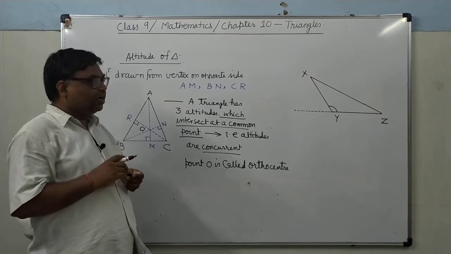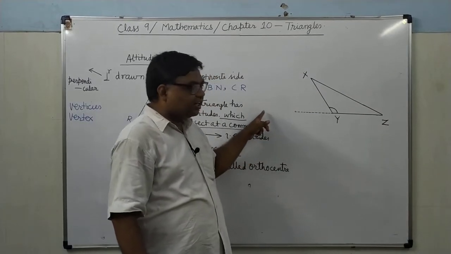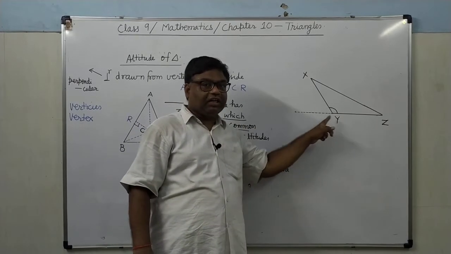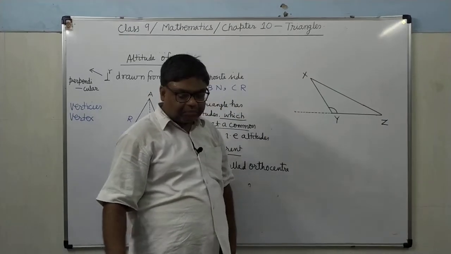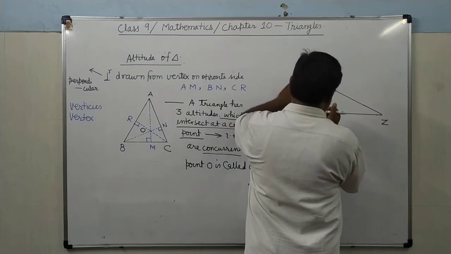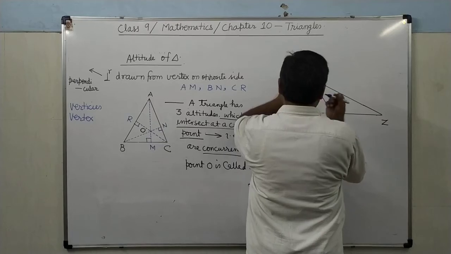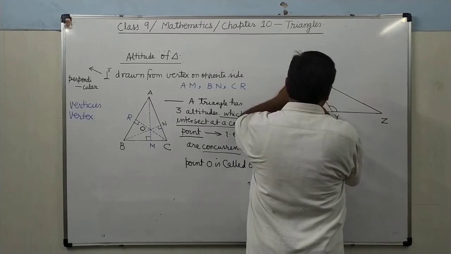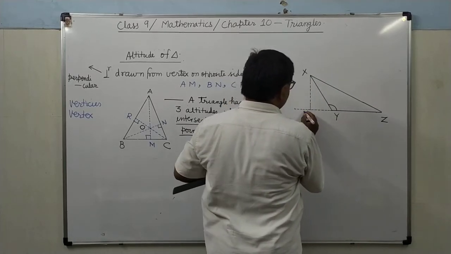We will not say yz because it has extended in this side, to the left of point y. When you draw the perpendicular from point x, it will fall at this point.